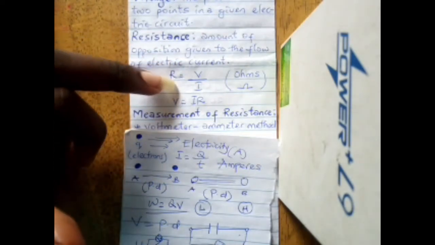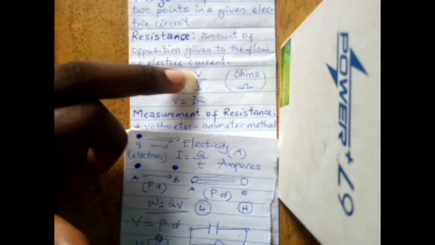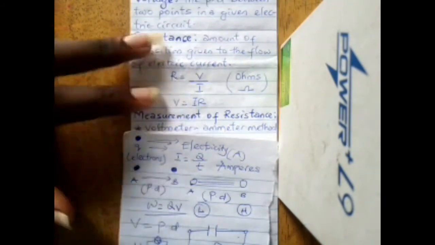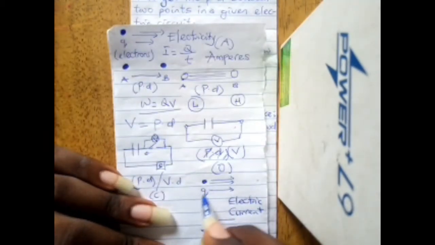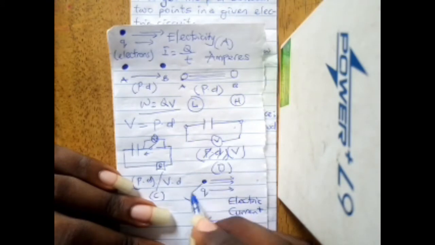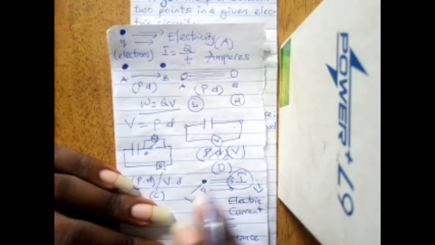So a simple relationship exists here, which is resistance is equal to our voltage drop divided by the current. So you have current moving from here to here. Now you have a voltage here, you have another voltage here. And this flow of charges is what brings about the electric current.